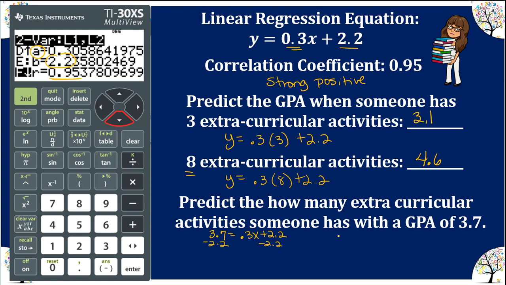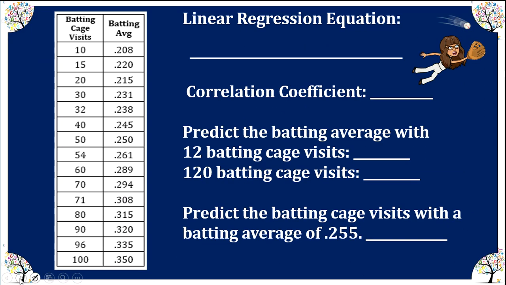I'm running out of space, so that is easily calculable. So we get 1.5 is equal to 0.3 times X. Divide each, and we get about 5. Okay, so 5 extracurricular activities gives us a 3.7.